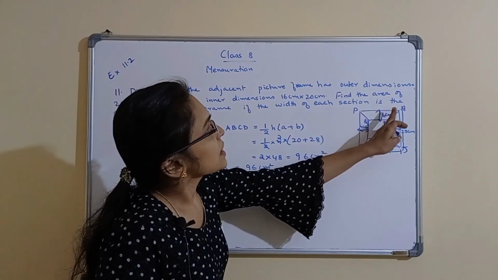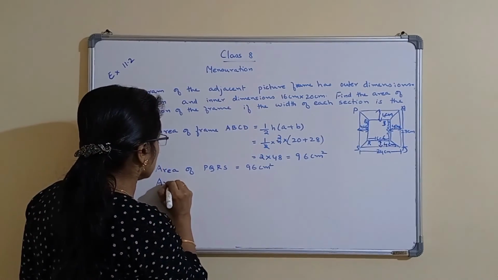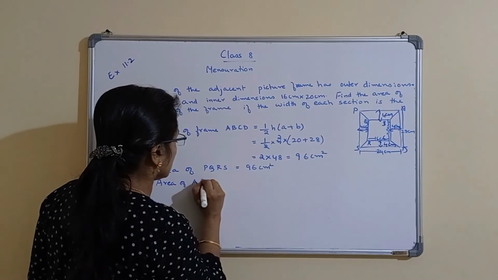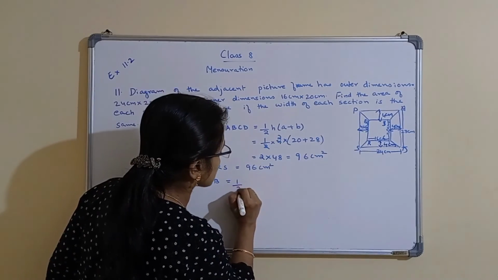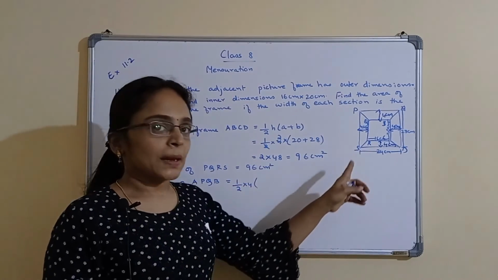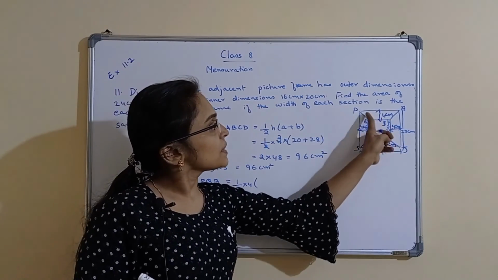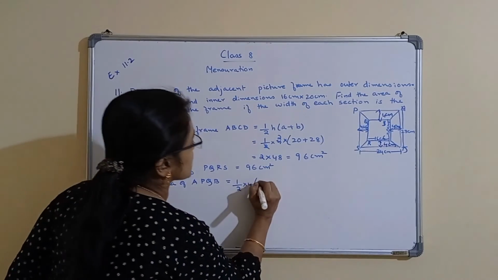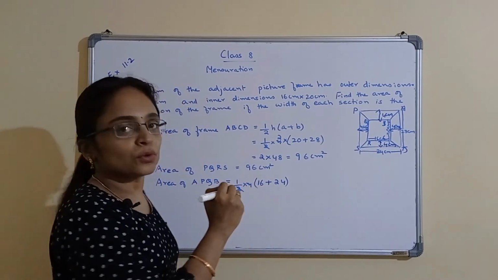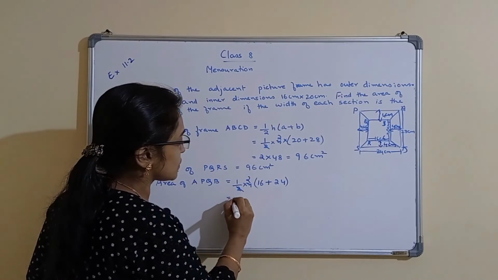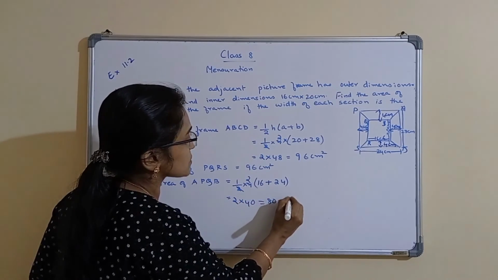Now this APQB, area of APQB is equal to half h into (a plus b), that is half into 4 into (a plus b), which is 16 plus 24. So 16 plus 24 and 4 by 2 is 2, and this is equal to 2 into 40, which is equal to 80 centimeters square.